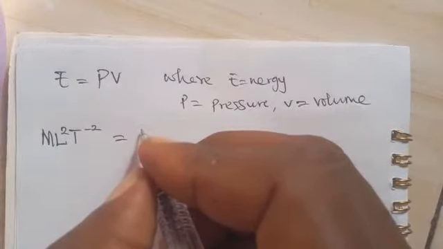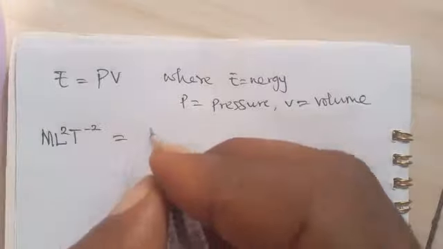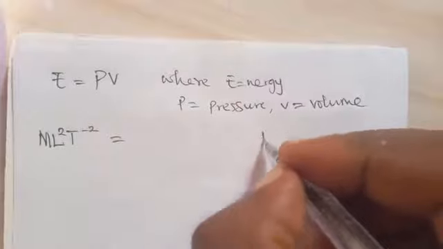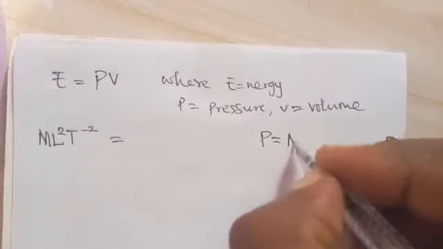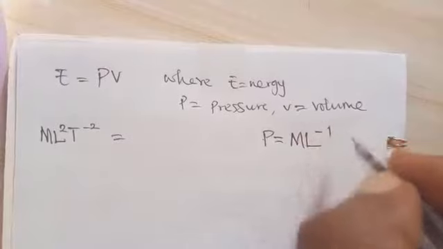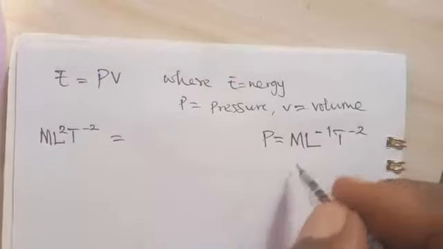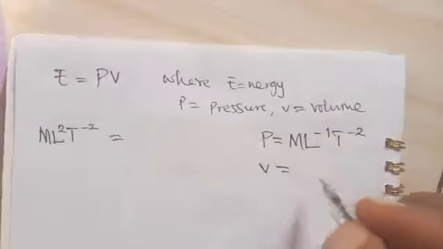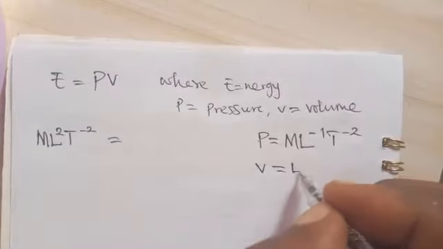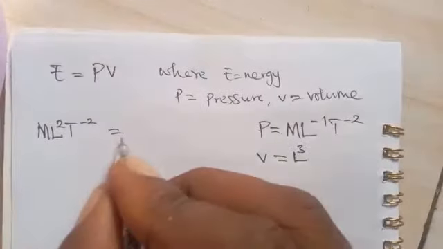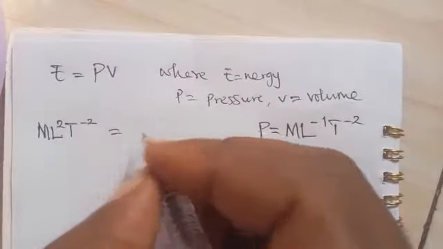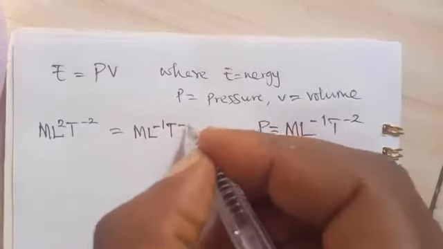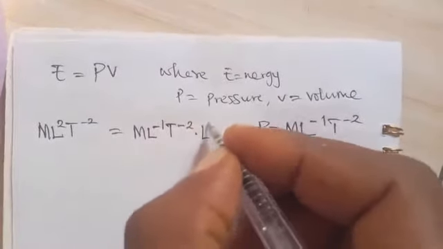So pressure can be given dimensionally, let's put it by the side, as force per unit area. Then volume, you can see our previous video where we derived them. V is equal to meter cubed, which is L cubed. So if we fix it here, we have m L minus 1 T minus 2 times L cubed.